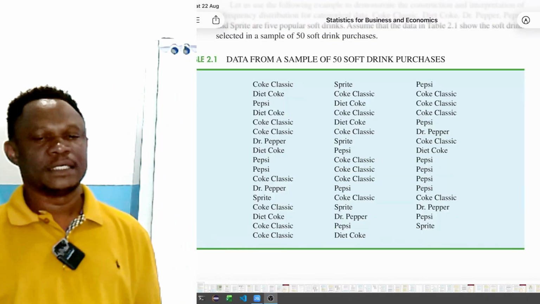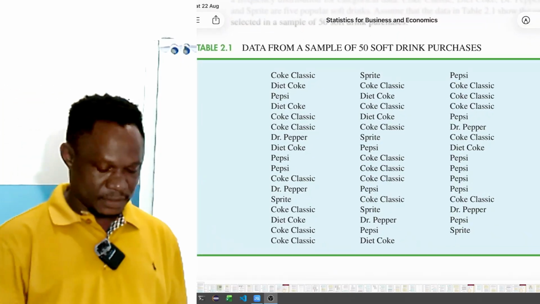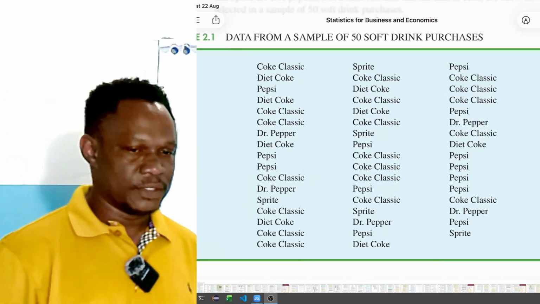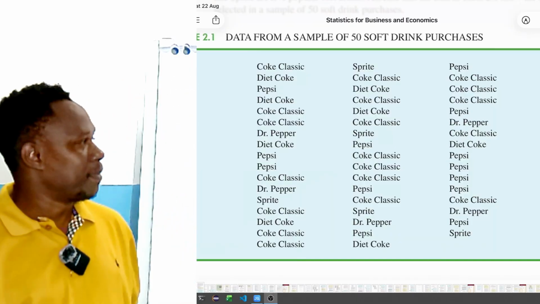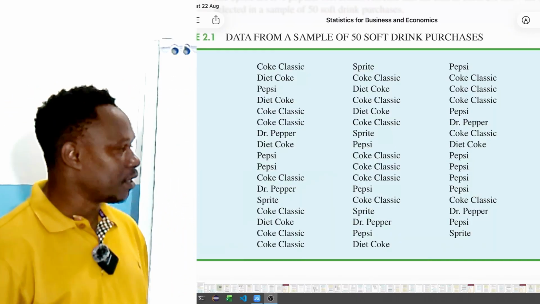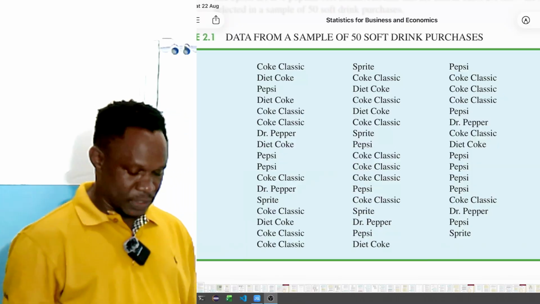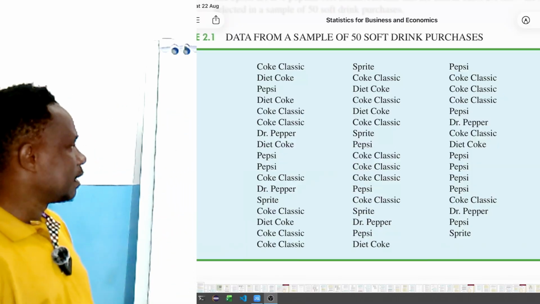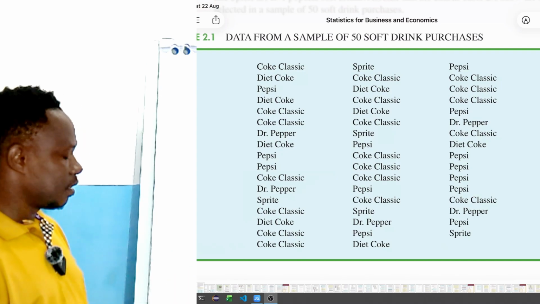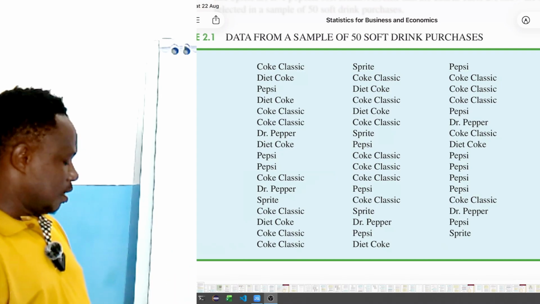So let's say you are selling soft drinks, and each time your customer buys, you record which type of soft drink was bought. So this variable or this data has information on the different soft drinks bought.